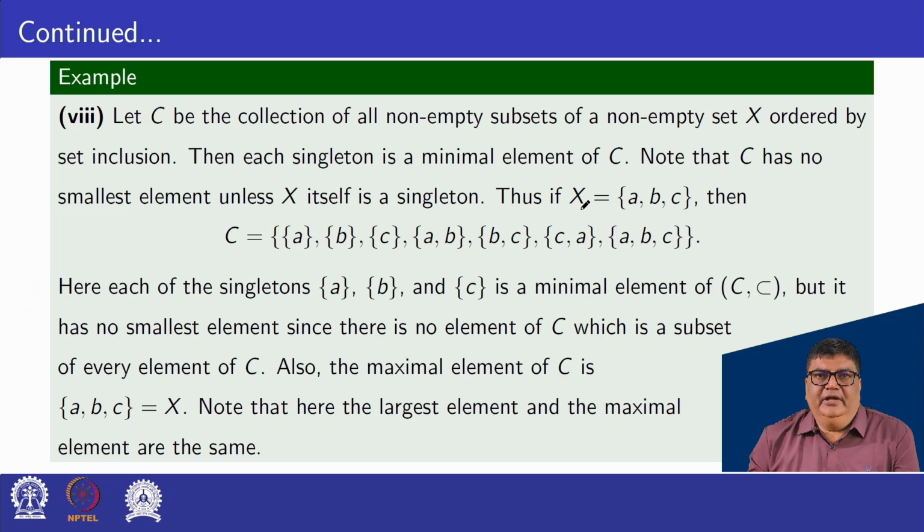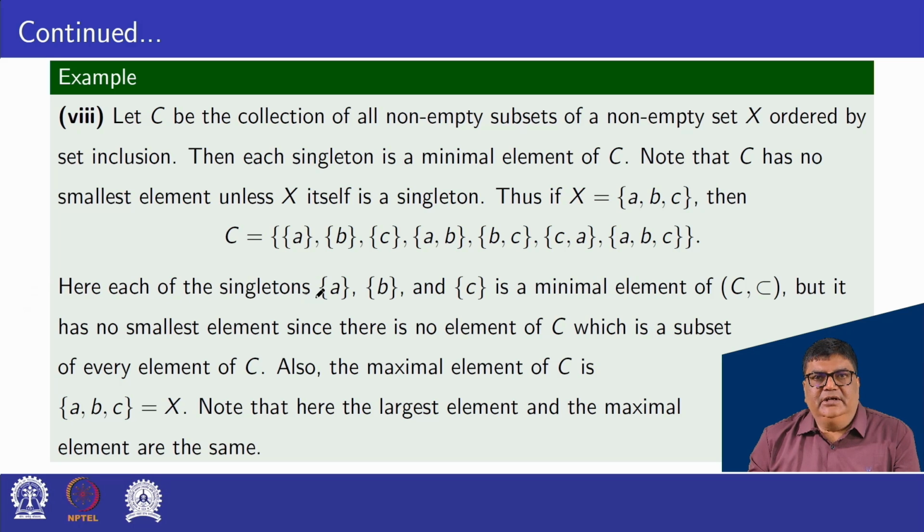Thus, if X = {a, b, c}, then C = {{a}, {b}, {c}, {a,b}, {b,c}, {c,a}, {a,b,c}}.